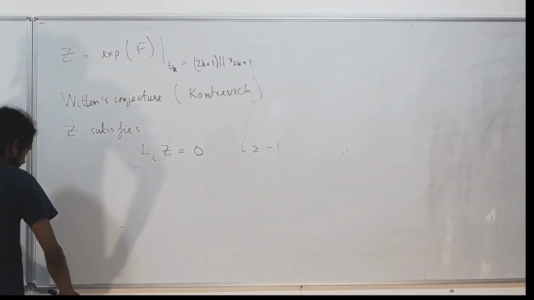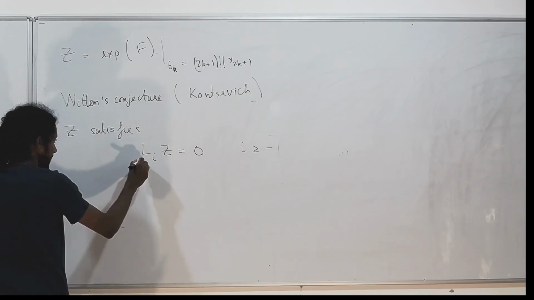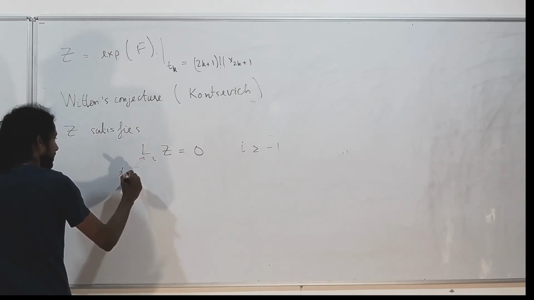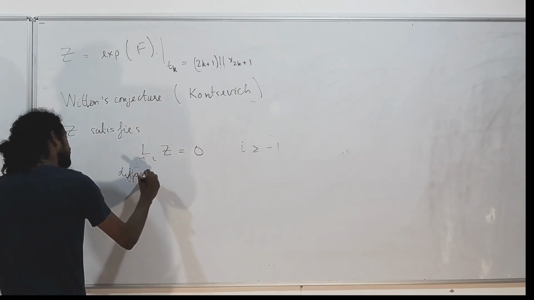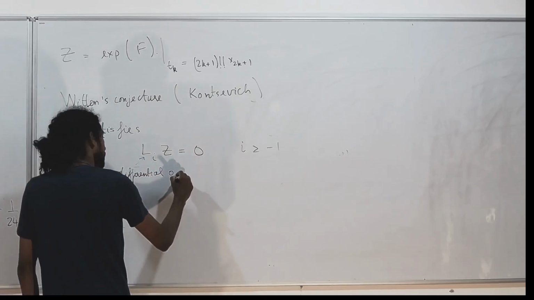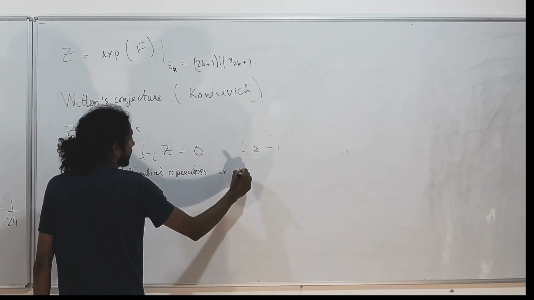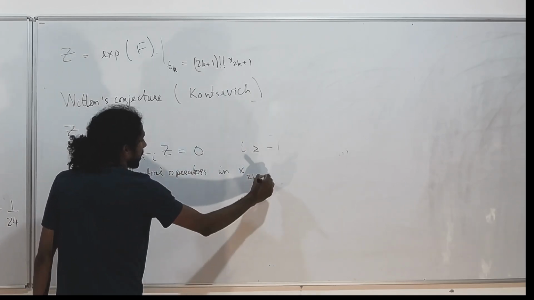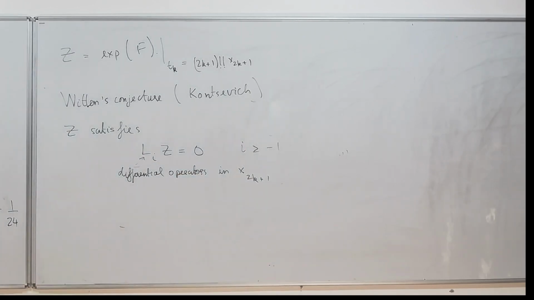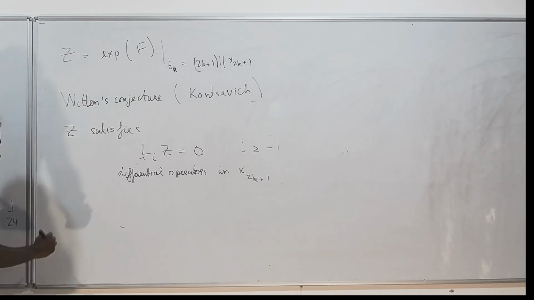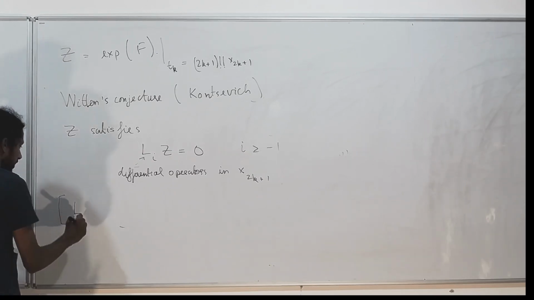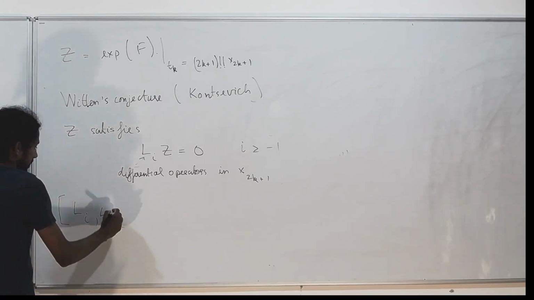So they're going to be, I'll write them down in a second. They're going to be differential operators in the x_i, in the x_{2k plus 1}. And they satisfy the following commutation relations.